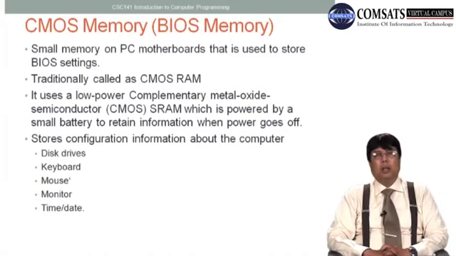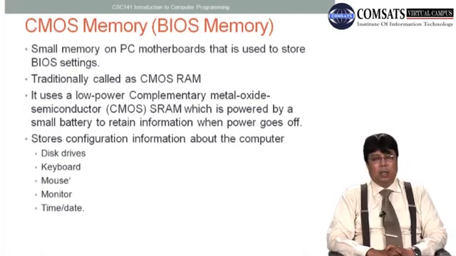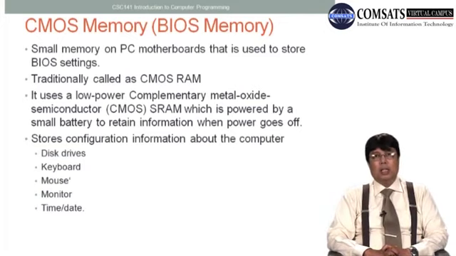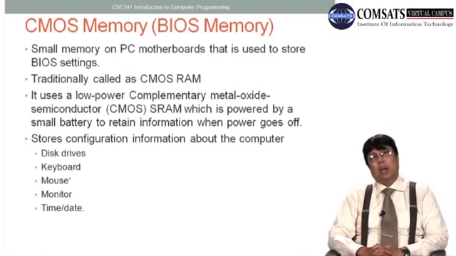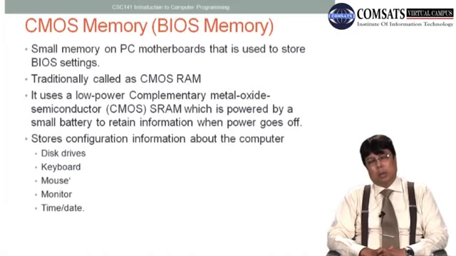So traditionally, it is providing the RAM, but this RAM is not volatile. It contains the information, and it picks up the power from the battery. Usually we provide a cell or a battery attached on the motherboard, so it draws the power from that cell and that battery because it is a RAM.